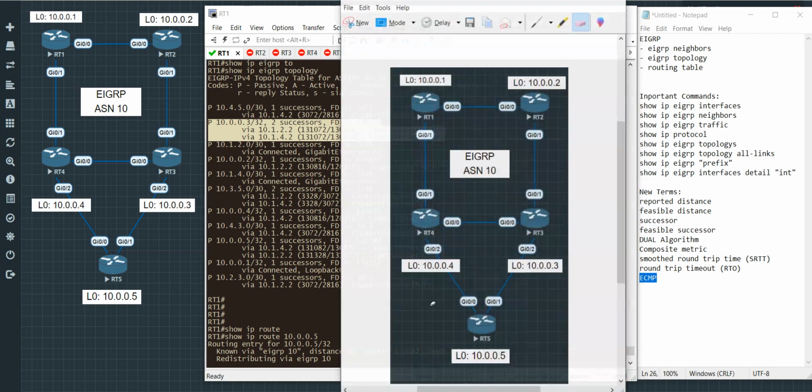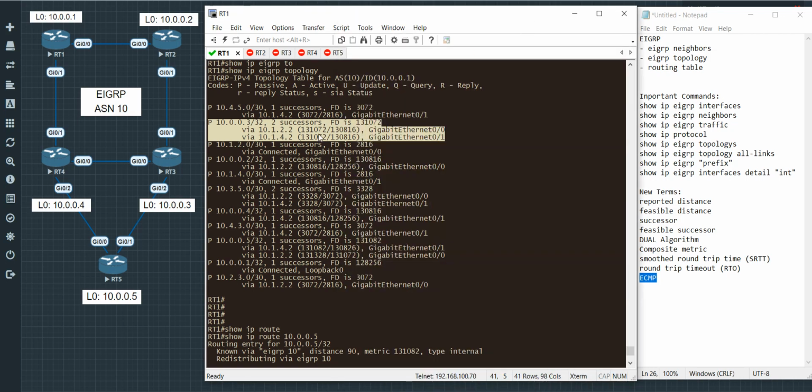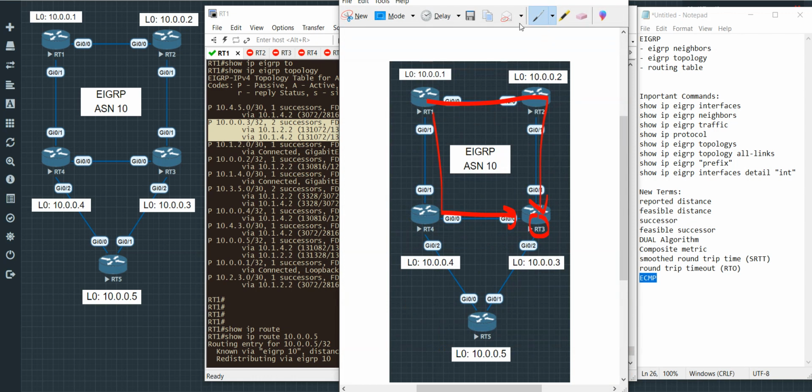So to get from here to router 3 is the same as from here to here. So by default, because the metrics are the same, it's going to insert both of those entries into the routing table. So that's what we consider equal cost multipath. But if we want to have unequal paths inserted into the routing table, we have to use the variance command.